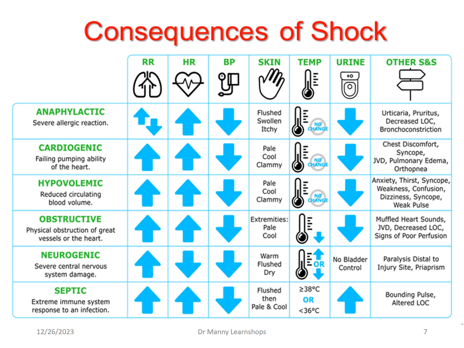Cardiogenic, heart is failing to pump, all the vital signs go up, but the blood pressure goes down. Cold, cool, clammy skin. Hypovolemic, you've lost a lot of circulating blood volume, so all your vital signs will go up, but your blood pressure will come down. Again, pale, cool, clammy skin.